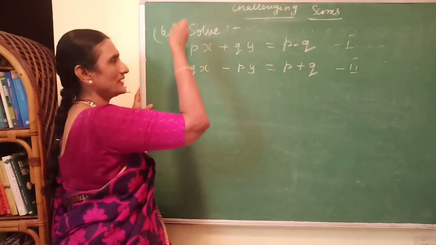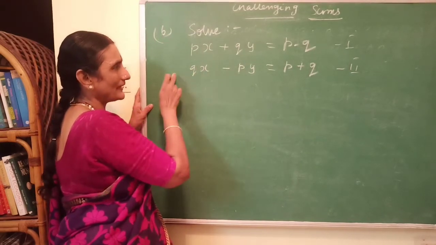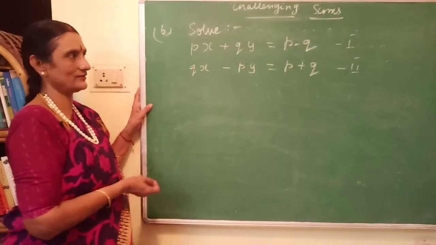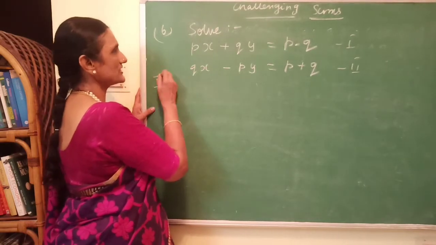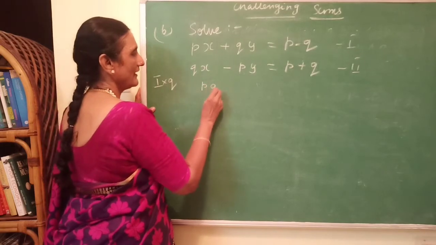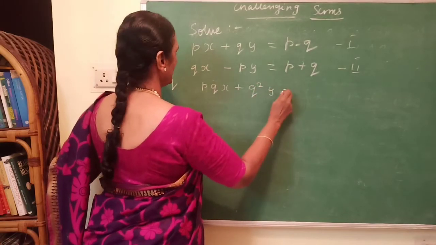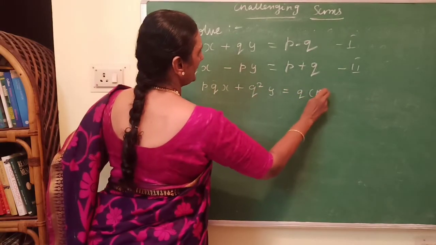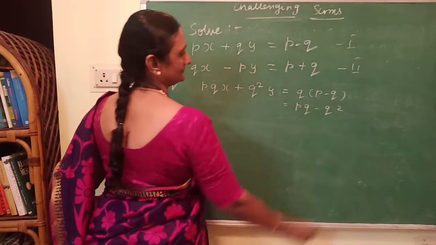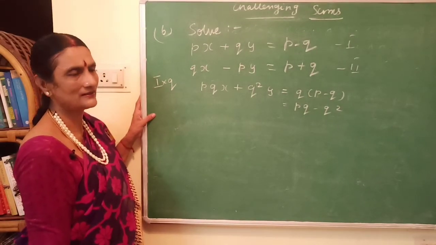Or if you decide to multiply the first equation by q, you will get pqx, and if you multiply the second equation by p, you will get again pqx, even that can be eliminated.